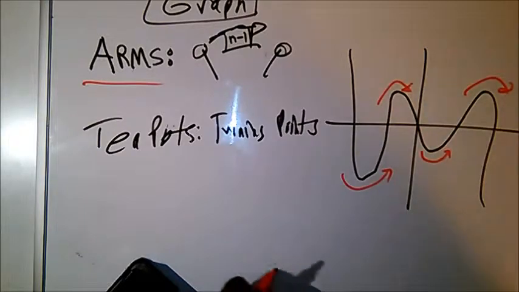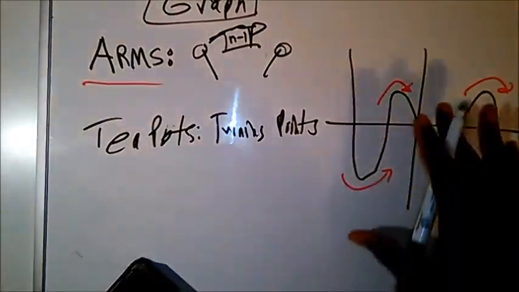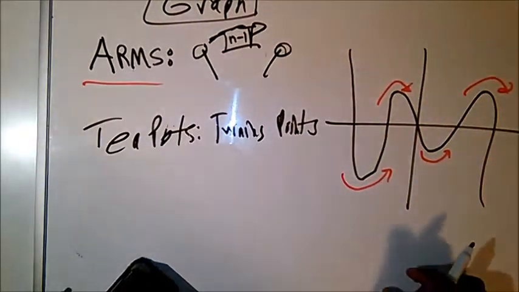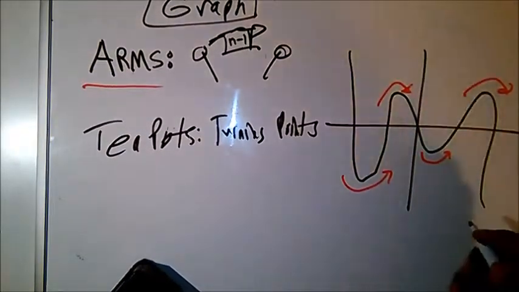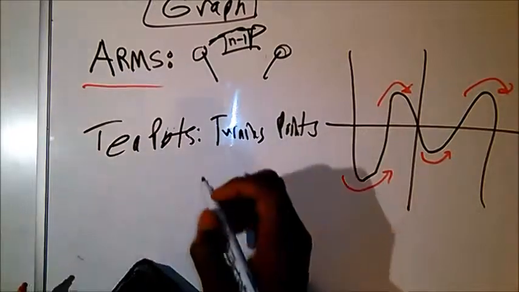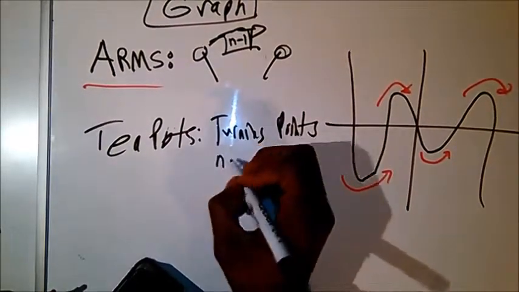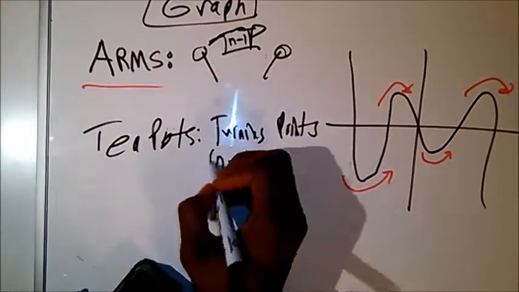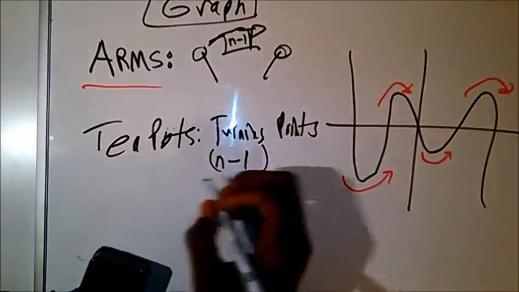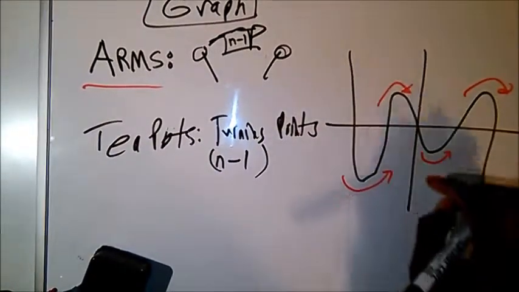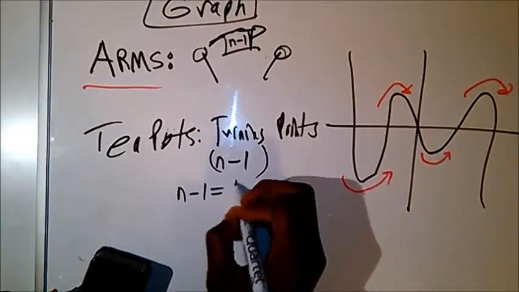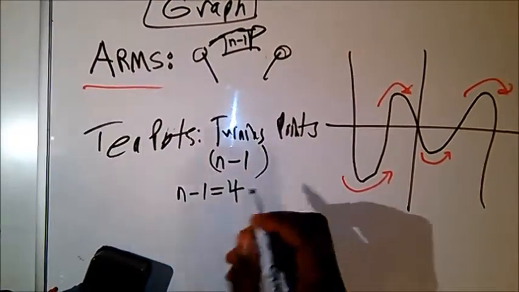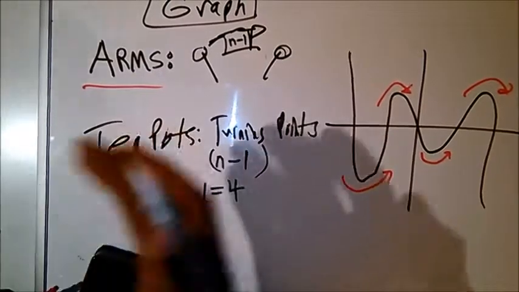1, 2, 3, 4. Here's a question: if this graph has 4 turning points, what's the highest power of the graph? Well, you can work your way backwards. Since turning points is n minus 1, and if n minus 1 equals 4 turning points, then n should be equal to 5.